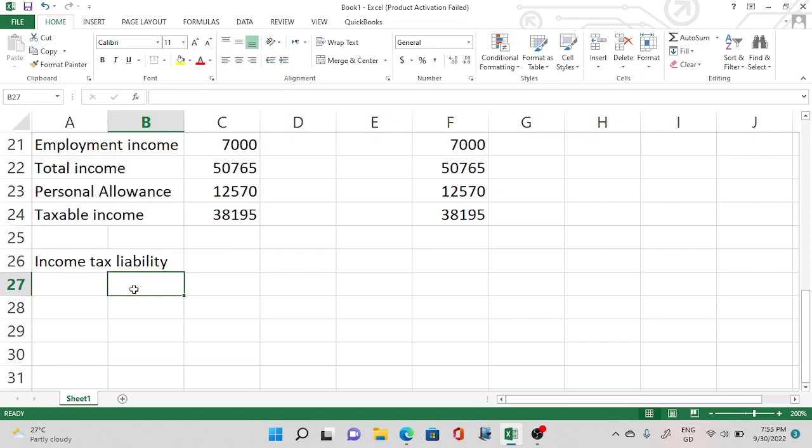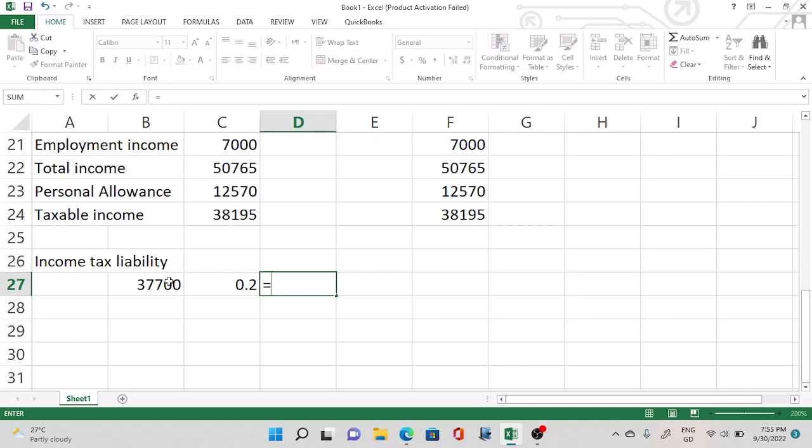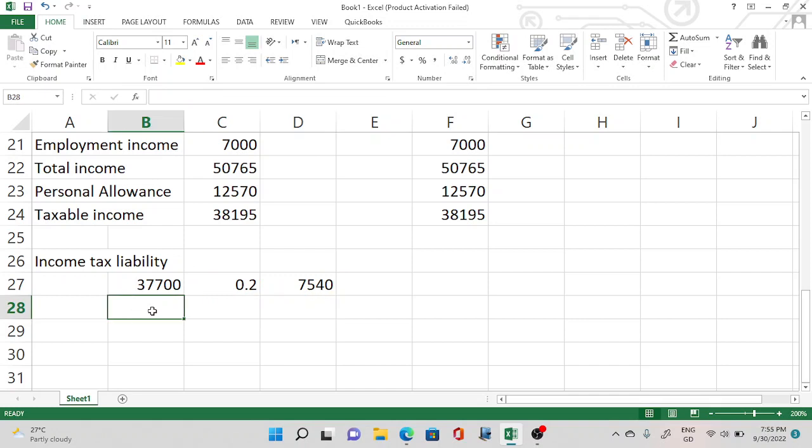Now out of this 38,195, first we will tax 37,700 at 20%. This is now the differential, not the total one, I should link up the NSI. Out of this, 37,700 has already been taxed at 20%, so now the differential amount will be taxed at 40%, and that's how I'm going to drag the formula.